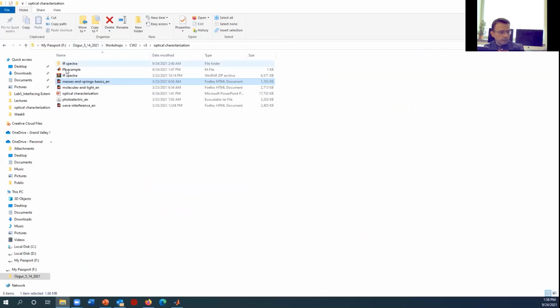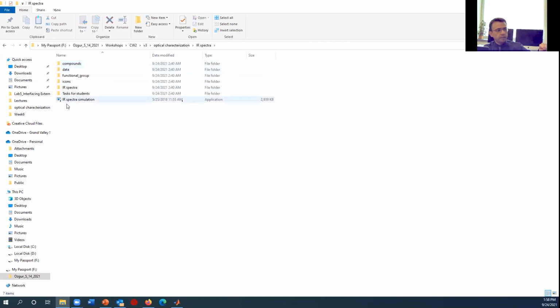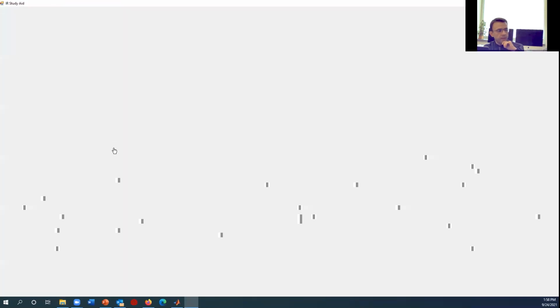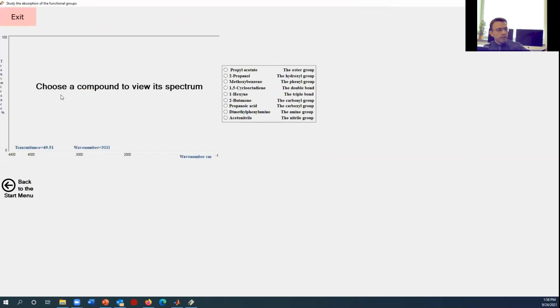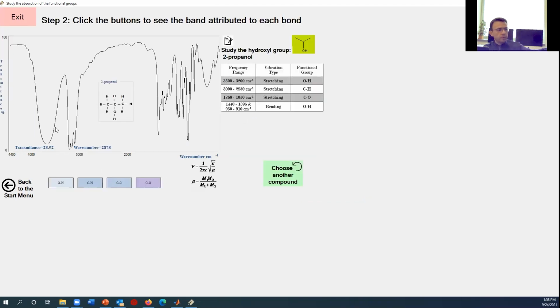But before doing that, let me also show you this other thing that I uploaded. It's in a zip folder, but if you unzip it and double click on it, it is very joyful to analyze. This gives you a chance to look at, say, isopropanol.